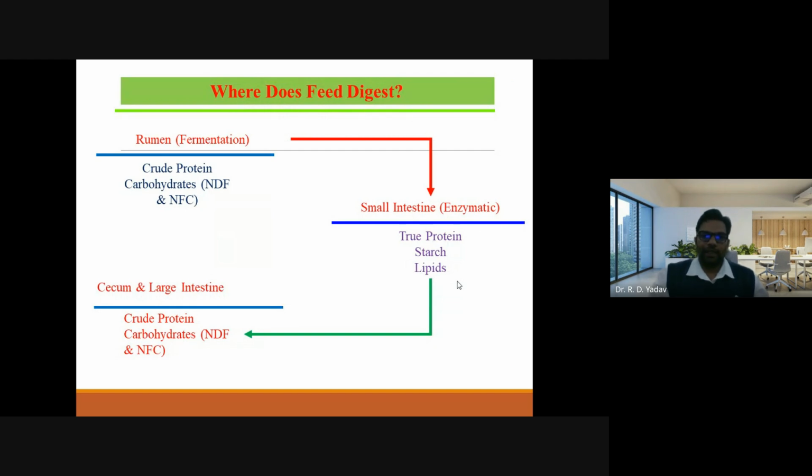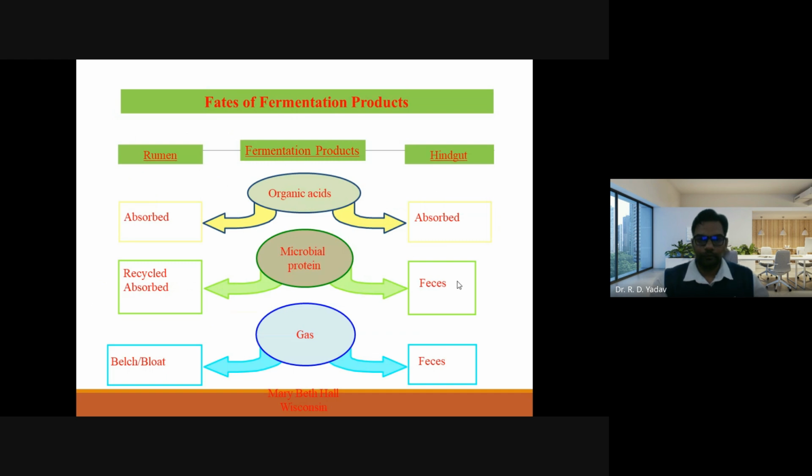In the rumen, where does the feed digest? In the rumen, fermentation takes place, as I earlier discussed, for example of crude protein, carbohydrate, NDF, and NFC, etc. Then it goes to the small intestine, where enzymatic digestion takes place, for example of true protein, starch, and lipids, and some bacterial digestion also takes place in the large intestine. So the fate of fermentation products obtained during the entire process of digestion, like organic acids, microbial protein, and gases, and where they are absorbed, is mentioned here.